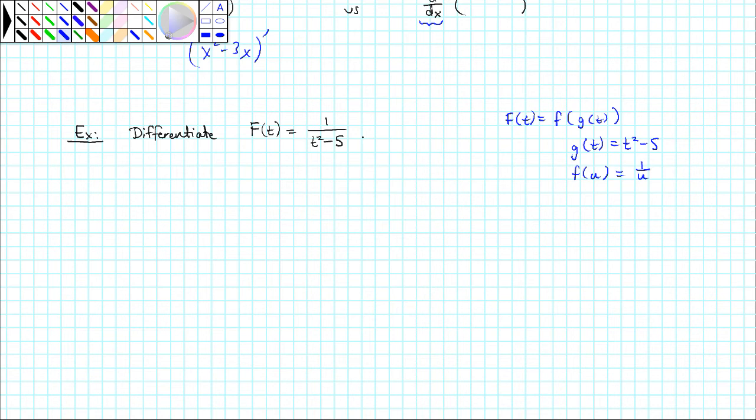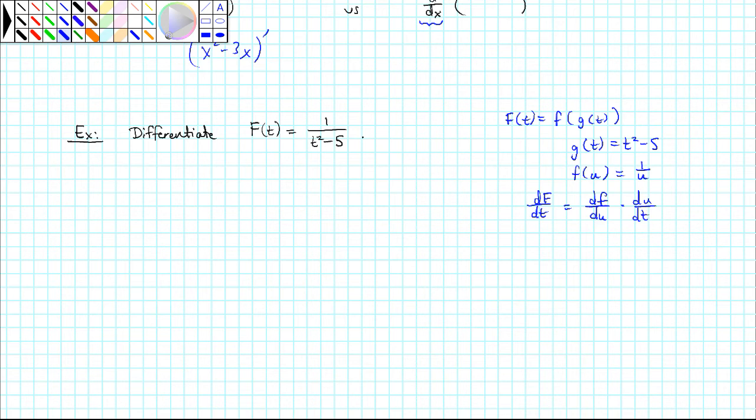In the definition of the chain rule, there is an indication that df/dt is the same as df/du times du/dt.